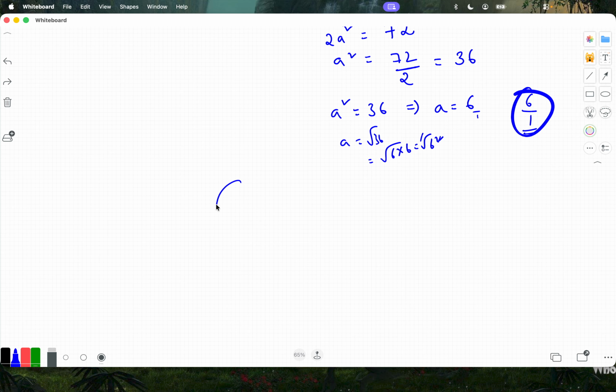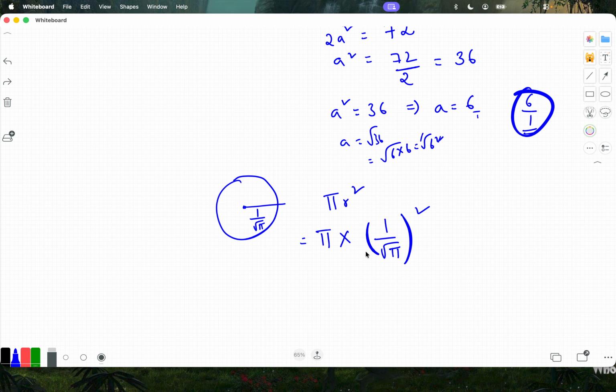Now, the area of a circle whose radius is 1 by root pi. What is the area of the circle? Pi r square. So now pi into r square, with r as 1 by root pi. What can be done here?